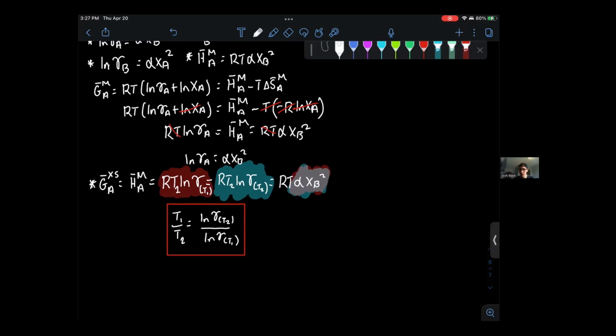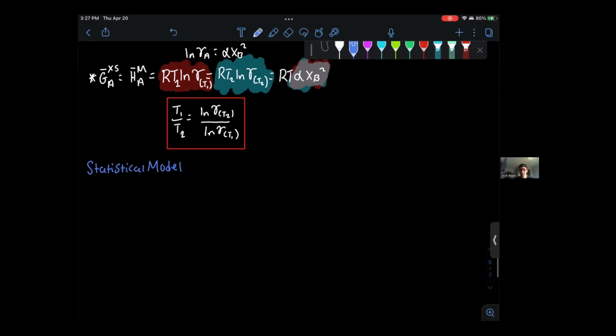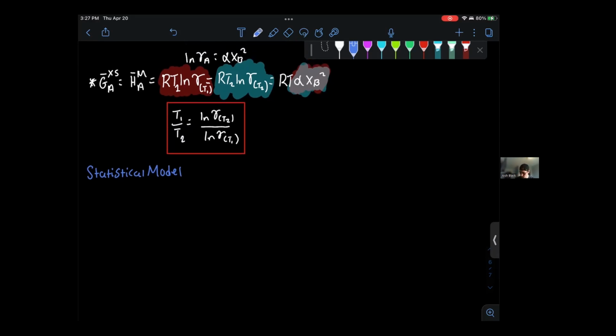Okay. Now we're going to see, well, where does this alpha thing come from? What's happening there? And to do that, we're going to use a statistical model. I believe it was the quasi-chemical model. This statistical model is going to show us where our alpha comes from.